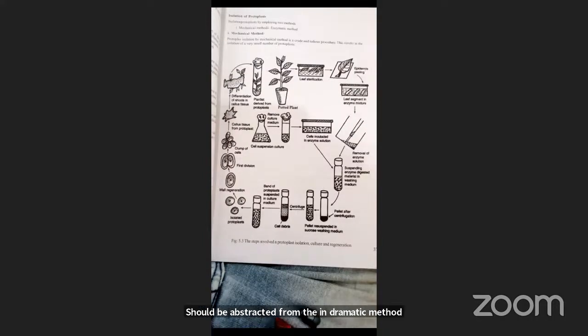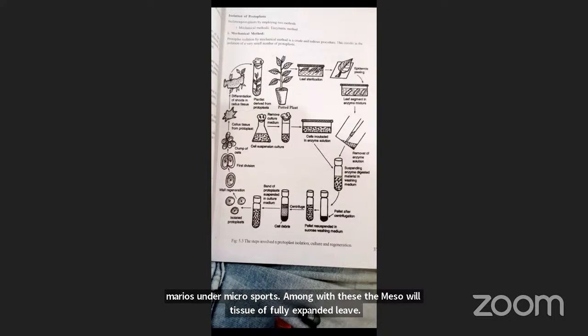Now these protoplasts are taken from leaves or roots or shoot apices, fruits, embryos and microspores. Among these, the mesophyll tissue of fully expanded leaves of young plants or new shoots is most frequently used.